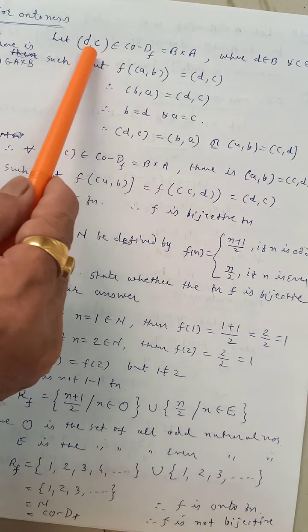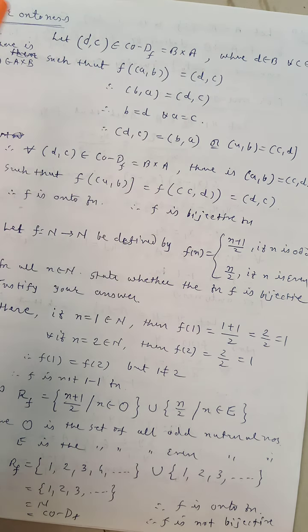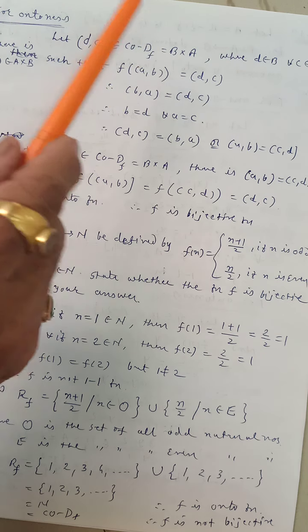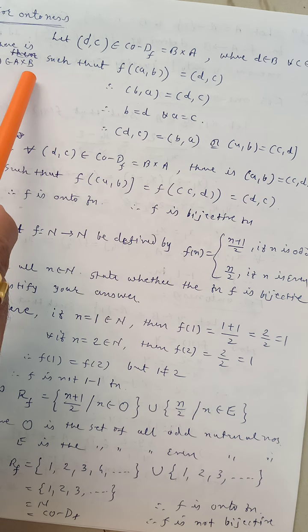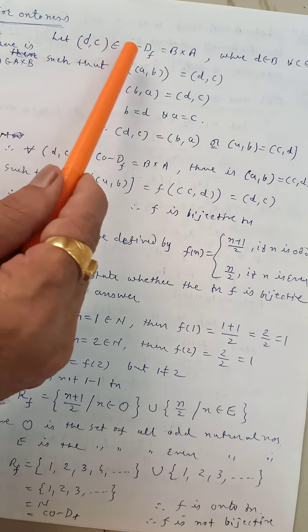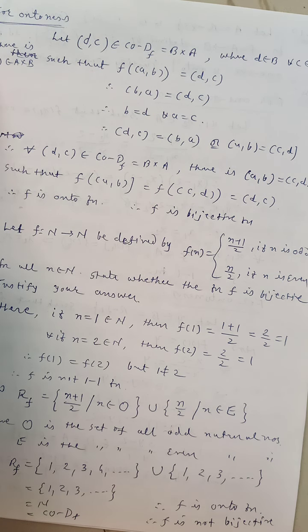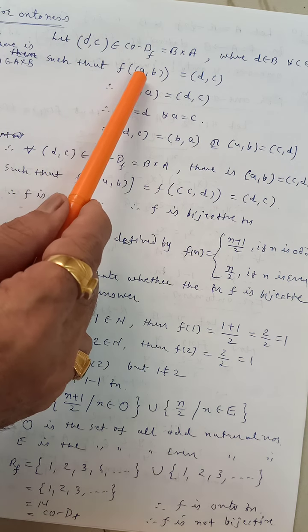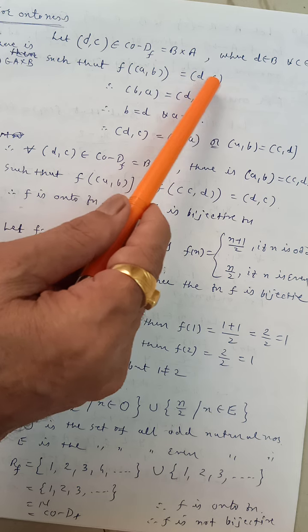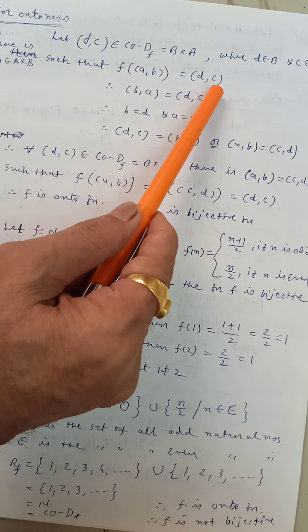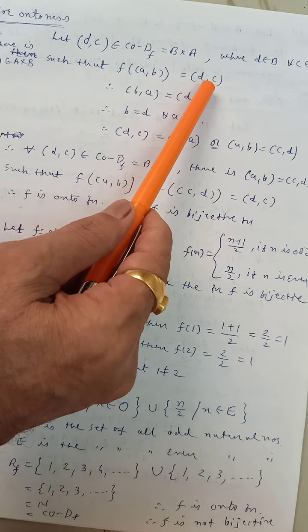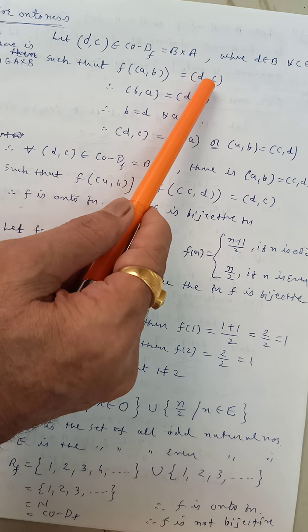So we start: let (d, c) be a member of B cross A. Then there exists, suppose, (a, b) belonging to A cross B such that f of (a, b) equals (d, c). This must hold, and then and only then we say it is onto.